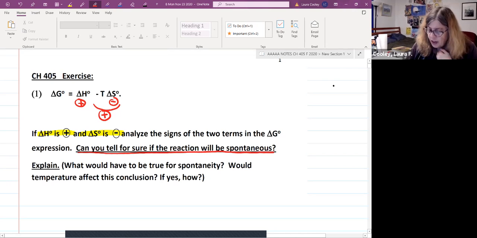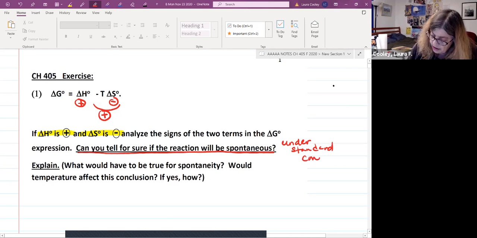I should clarify that we're talking about standard conditions, because that's what these little zeros mean. I'll talk more about that later.